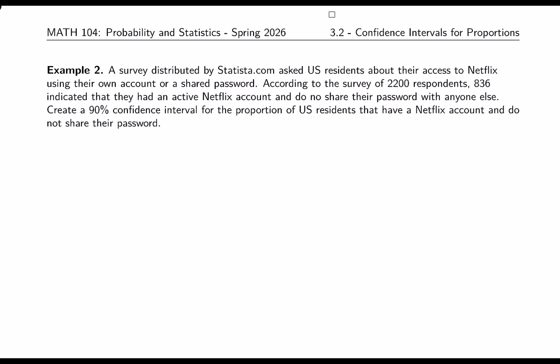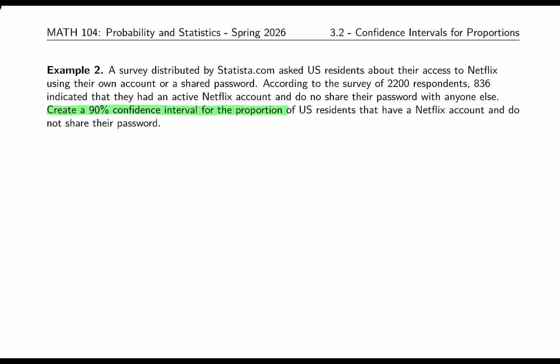All right, so as always, with any problem, look to what you're being asked to do because it often gives you a lot of hints to get you started along the way. So down here toward the end, it's asking you to create a 90% confidence interval and then continues to say, for the population proportion. And so it tells you very much exactly what it wants you to do.